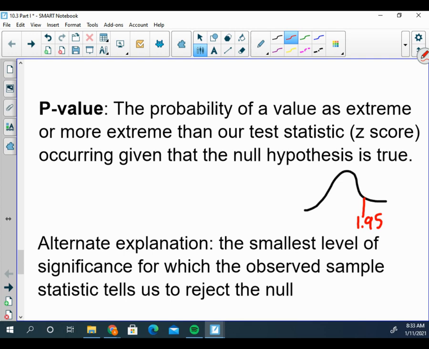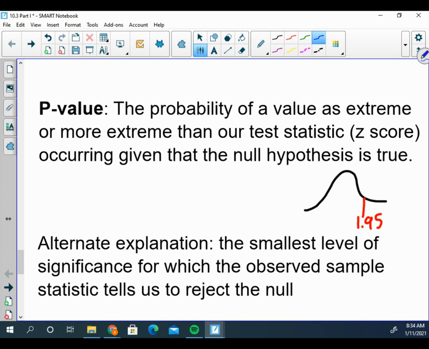The p-value says, what's the chance that if we calculated another sample of size 36, that sample mean of those 36 is beyond 1.95 on the standard normal curve? At it or beyond it. What's the chance that that happens? As extreme or more extreme, given that the null is true.